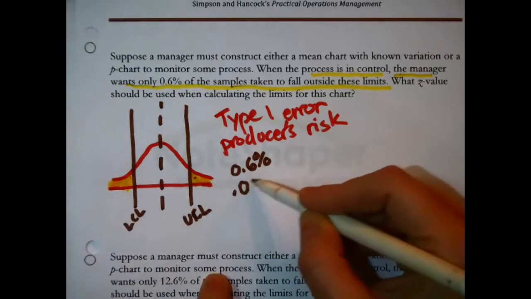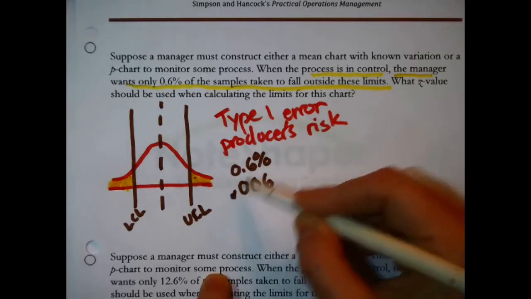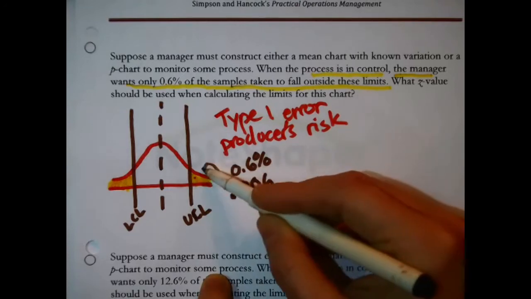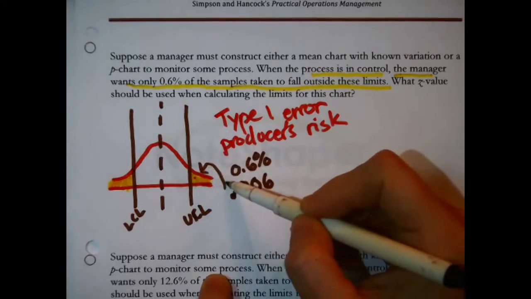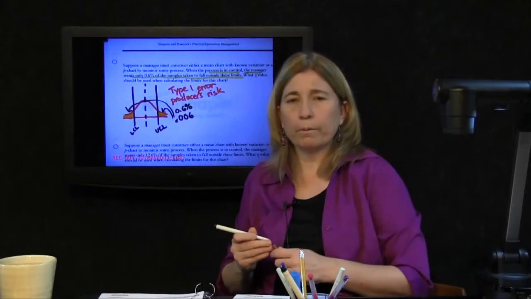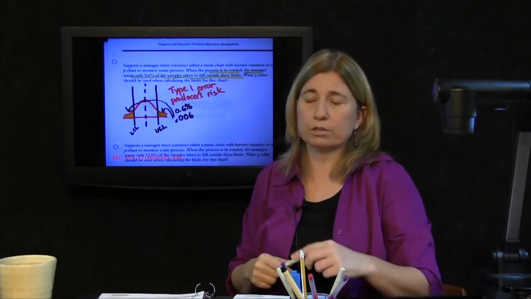So I'm going to convert that, and I need to be careful with the decimal place. 0.6% is 0.006. That means that if you could measure what I colored in yellow ink, it would be 0.006 out of 1 of this entire shape, or 0.6%.